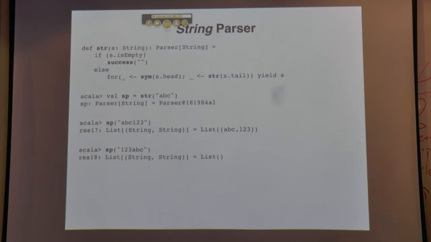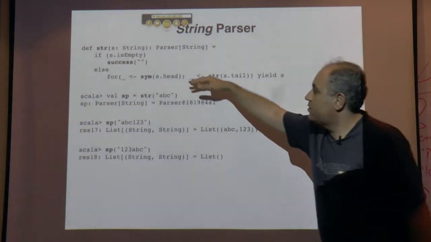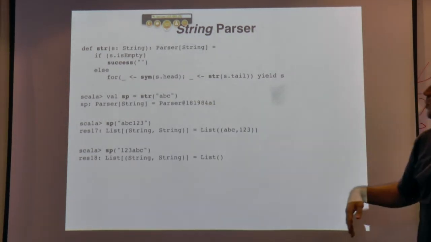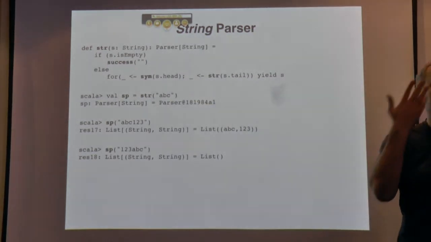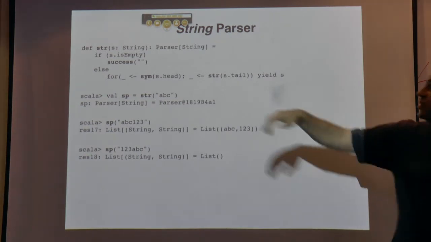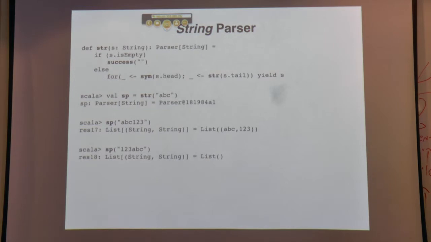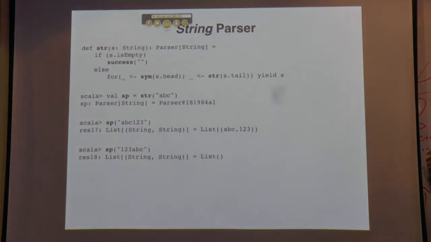Okay, now I want to create a parser string. This is the code. That's how it works. But anyway, I'm asking you how it works, Nimrod. What does it do, the parser string? If it's empty, it returns success. Otherwise, it checks character by character.